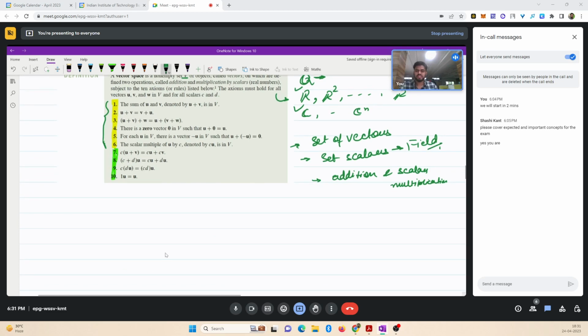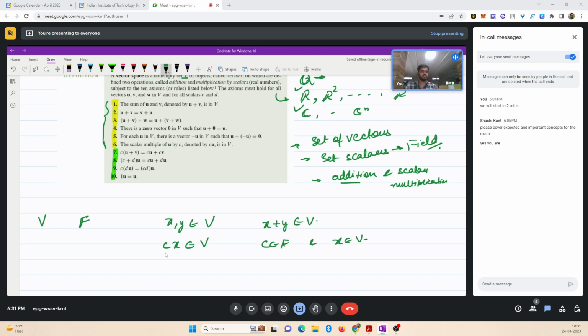So let's say you have any arbitrary set V and you have a set of scalars called F. These two things are necessary: if you have x, y from the set V, then x plus y must belong to that set, that is, it is closed under addition, right? And also Cx belongs to V, where C belongs to F and x belongs to V, that is, it is closed under scalar multiplication.